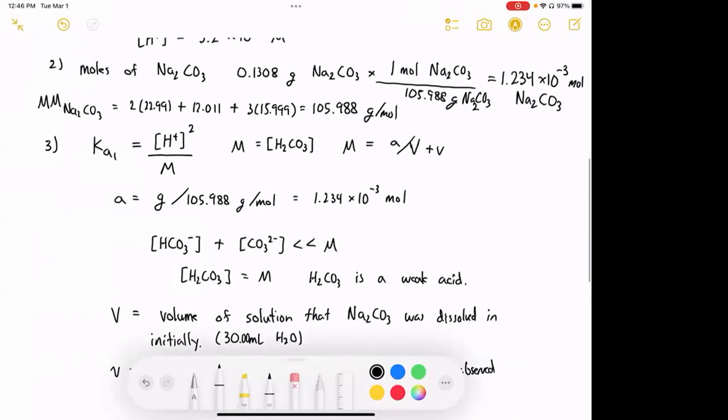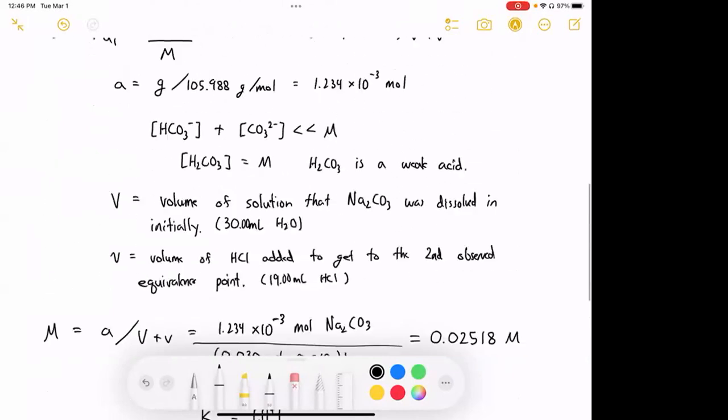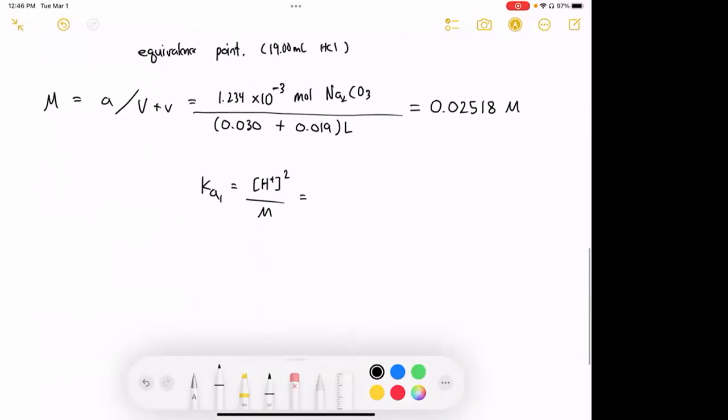Now we plug this into our equation here, Ka1 equals H plus squared over our molarity, and our H plus concentration in part 1 is 3.2 times 10 to the negative 6. So let's not worry about the units here. And then our molarity, 0.02518.